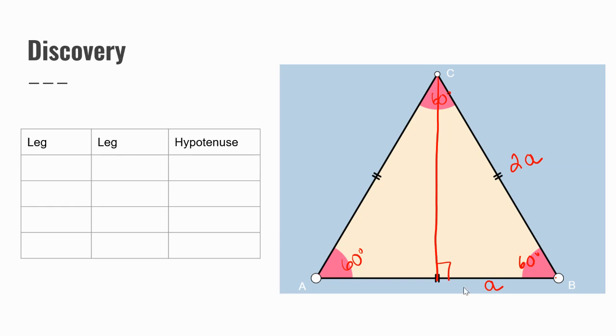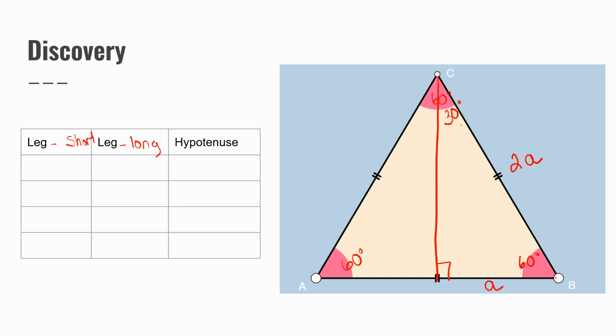So now here we're going to label the short leg, and then we have the longer leg, and then we have the hypotenuse. So now we know that we have the shorter leg because we have the 60-degree angle here. If this one's 90 degrees, this angle up here has to be 30 degrees.